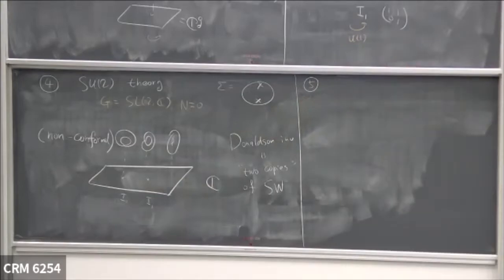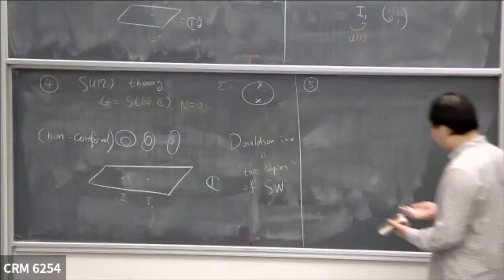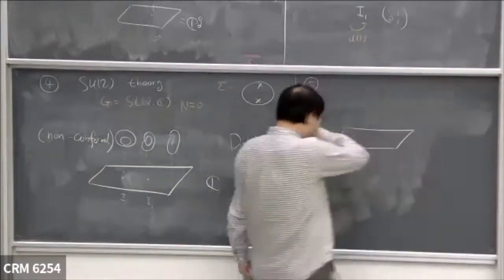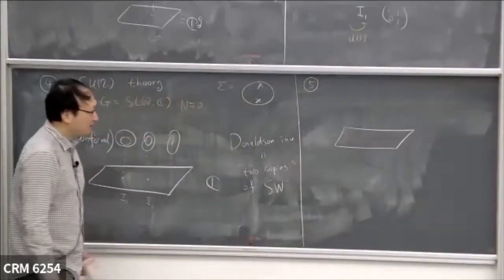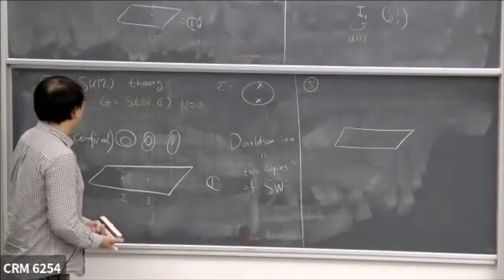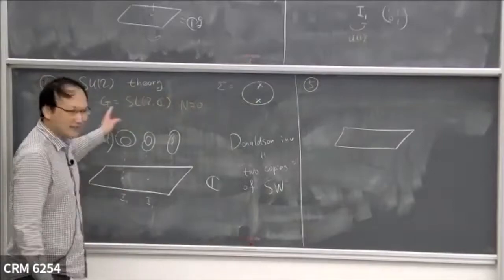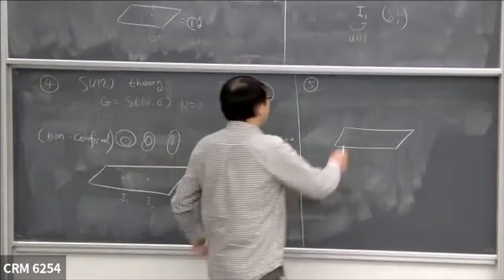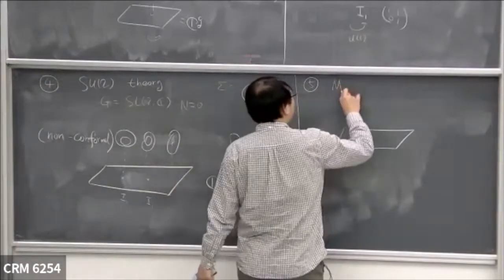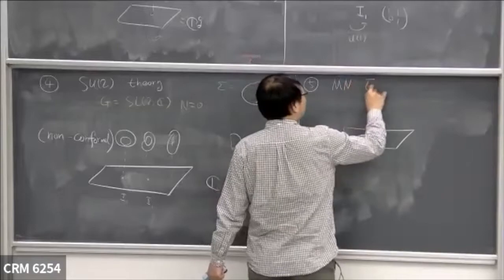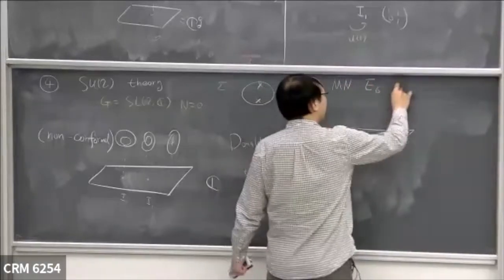So any questions? One theory that is actually expected to be non-Lagrangian, which means that I cannot write down the G and N, is known as Minahan-Nemeschansky's E6 theory.